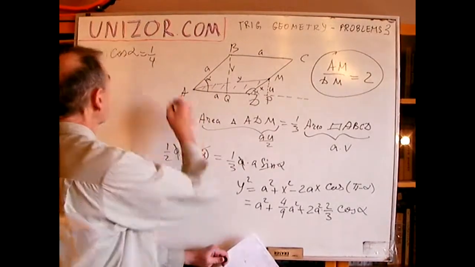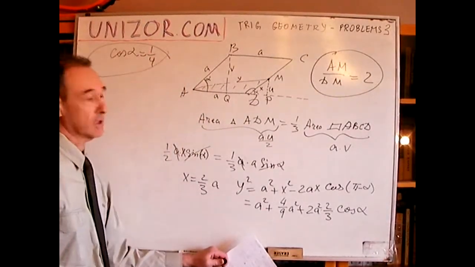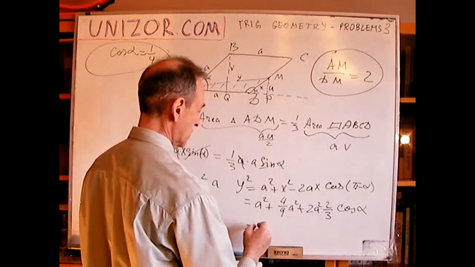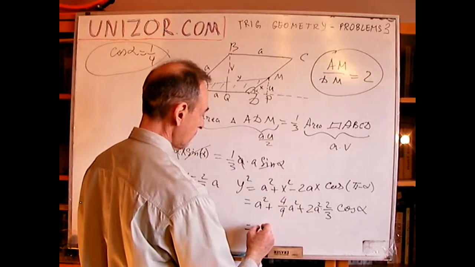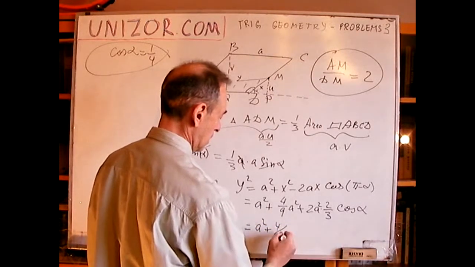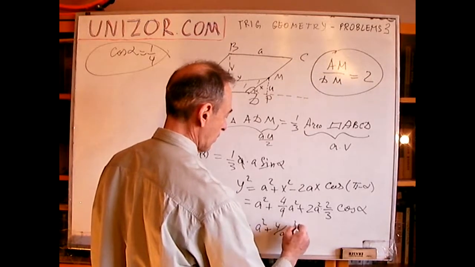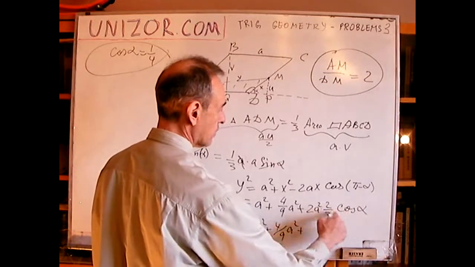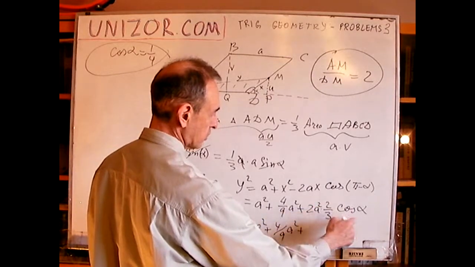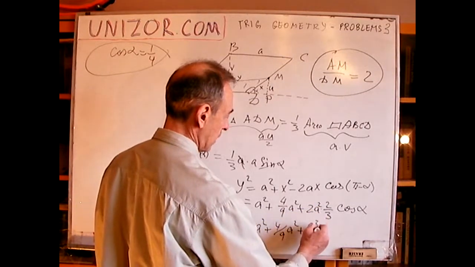But luckily we know the cosine of alpha. It's 1/4. So this would be a squared plus 4/9 a squared plus this 1/4. This is 2 times 2, which is 4, so it will be reduced. So I have a squared divided by 3.